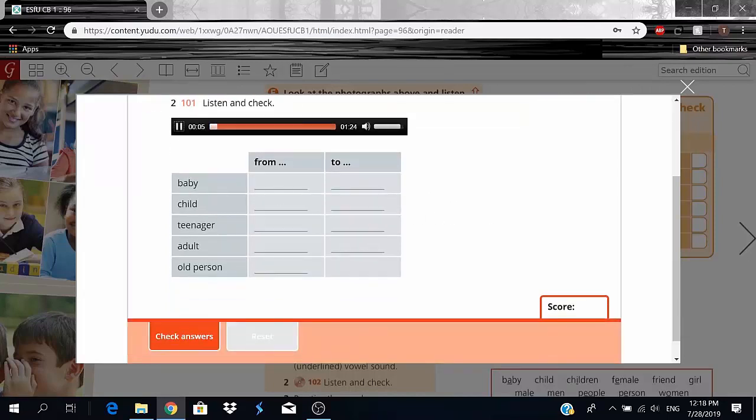101. Exercise F2. Listen and check. OK, today we're looking at words for different kinds of people. In British culture, we use the word baby for the first 18 months, or maybe 2 years of life. Then the baby becomes a child. We use the word child for boys and girls between the ages of 2 and 12. Then we have a special word, teenager. The word comes from the numbers between 13 and 19. They all end in teen.